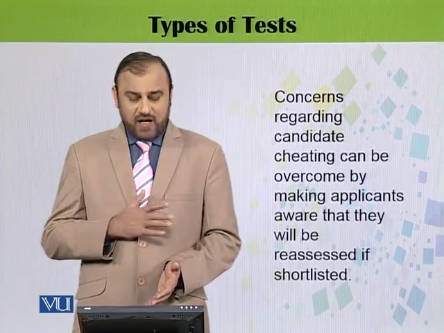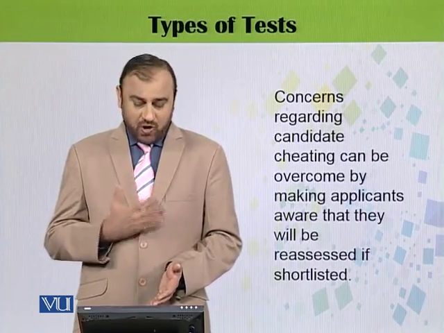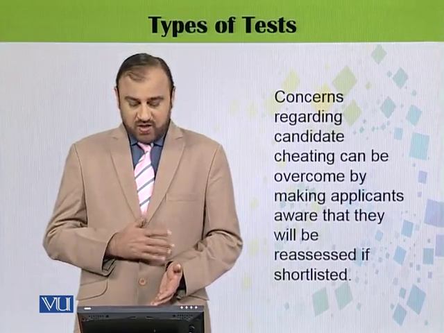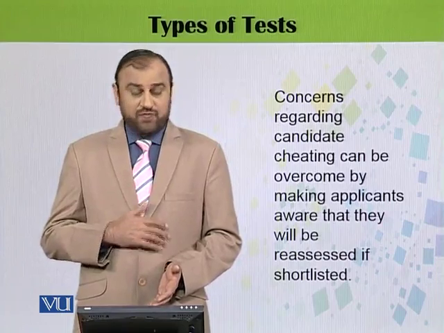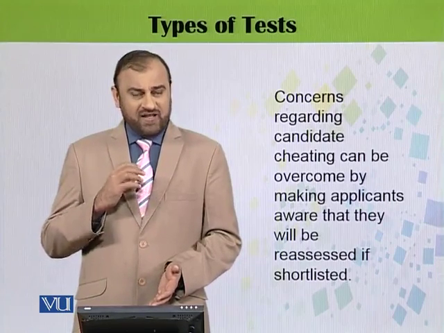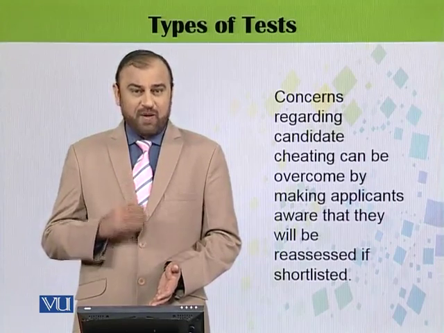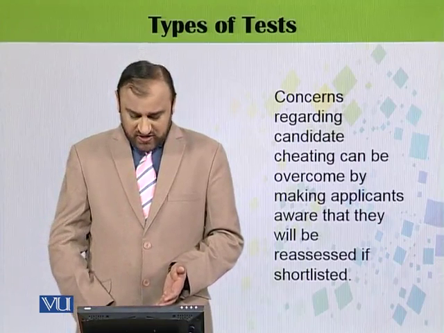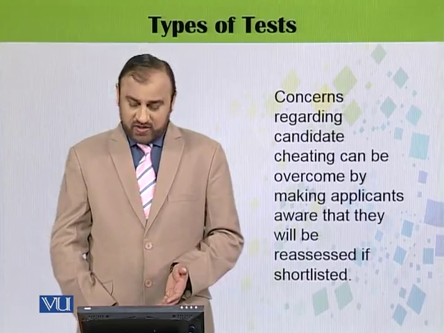Concerns regarding candidates cheating can be overcome in electronic testing by making applicants aware that they will be reassessed if shortlisted. So if you make them aware that they can be reassessed by a paper and pencil test if they are shortlisted, then such cheating can be overcome.